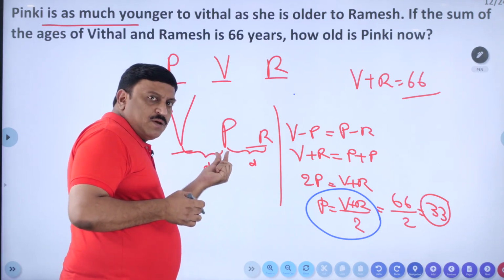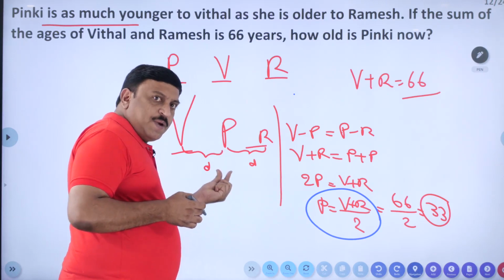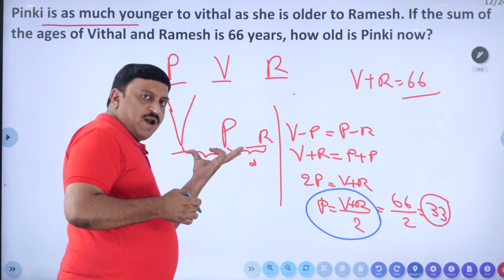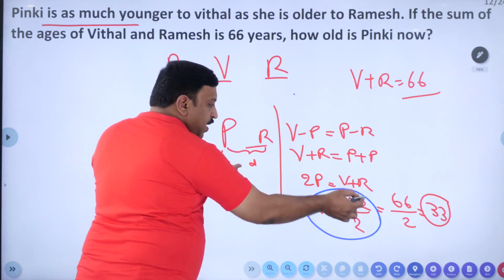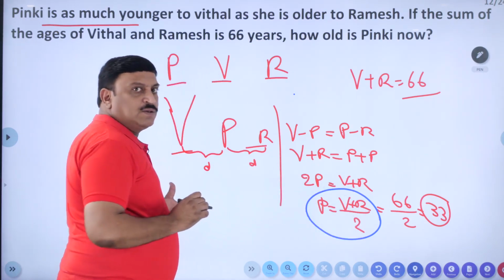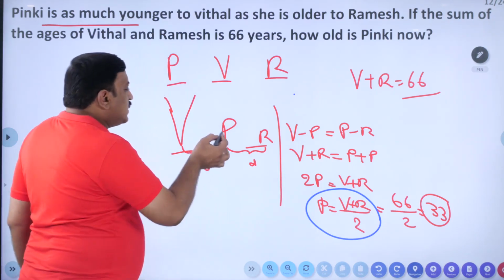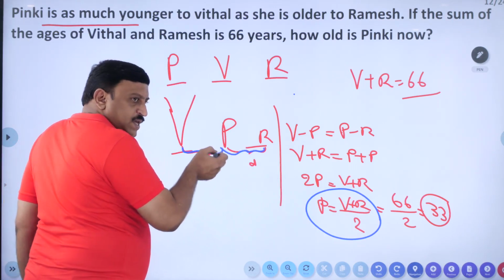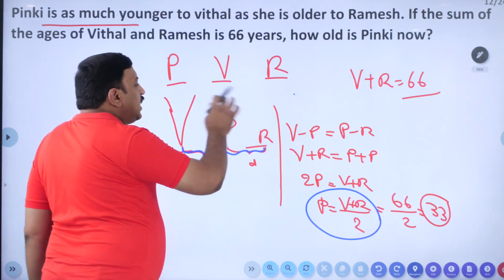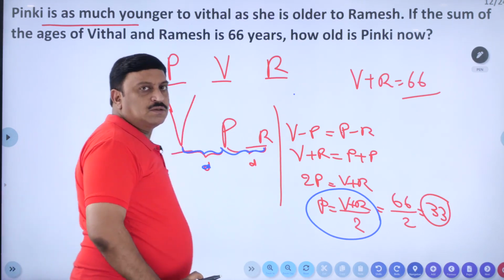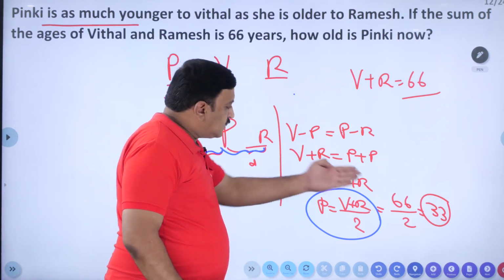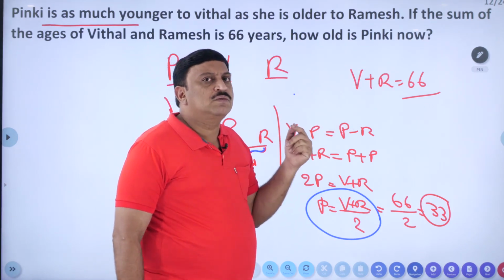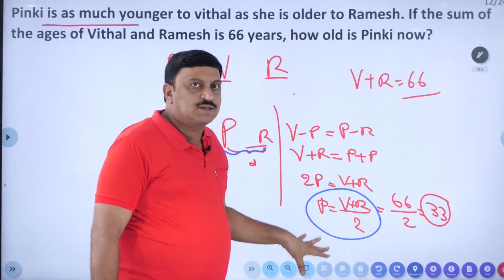If Pinky is exactly in the middle, she is nothing but the average of V and R. So directly, if any person is equidistant from the two persons, take the average of the two to get the middle person. Directly 66 by 2, there is no need of all these things.